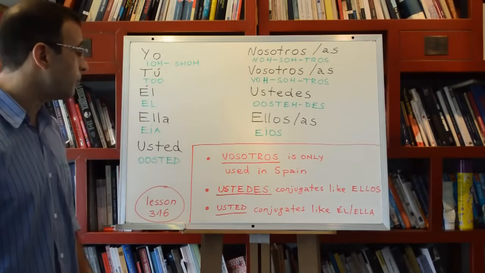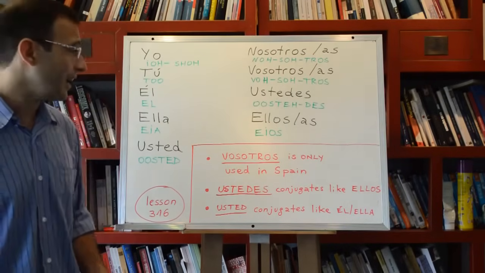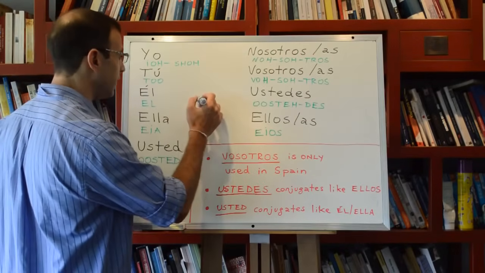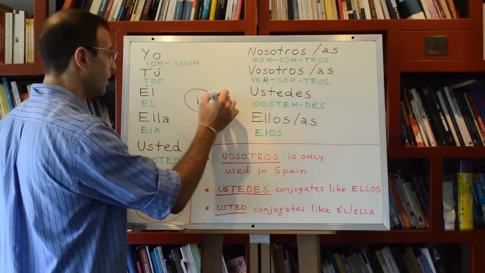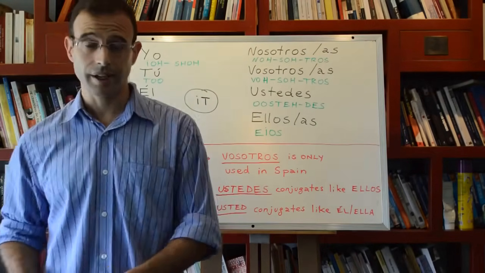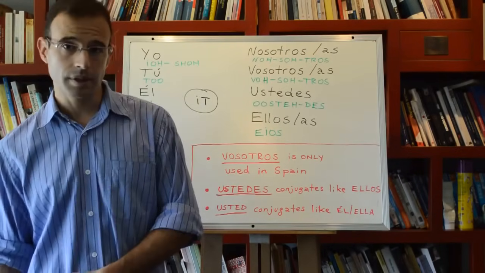So one last thing I want to explain in this class is, in Spanish there is no such thing as the English pronoun it, right? So in English you have he, she, it, okay? He and she is for man and woman, right?